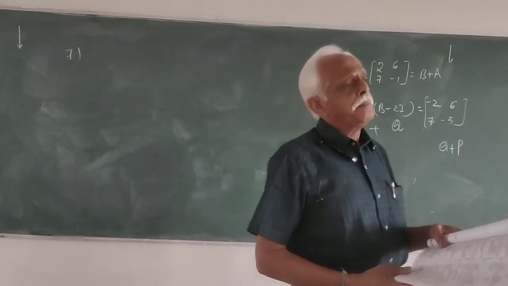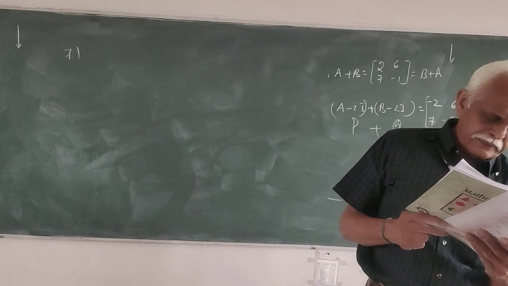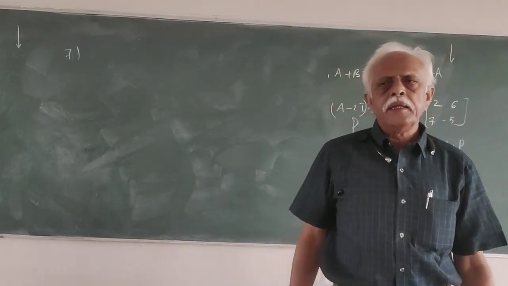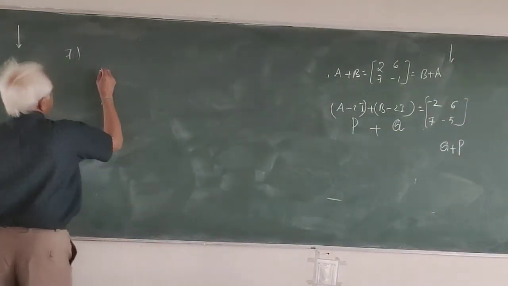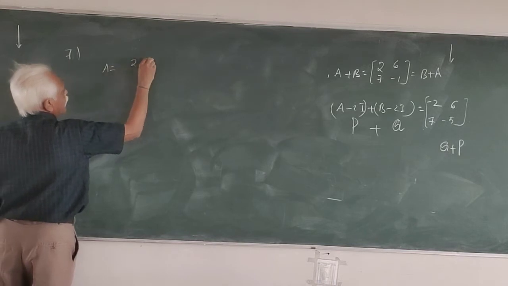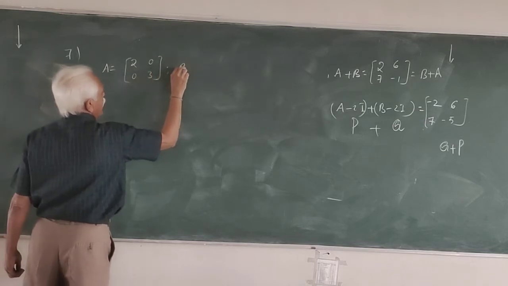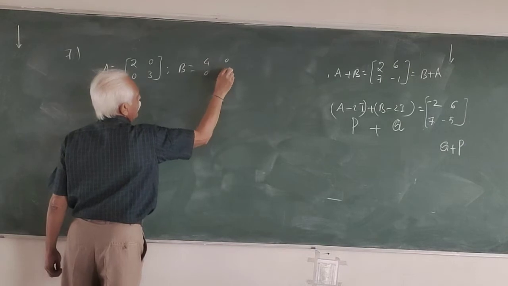The sum or product of two diagonal matrices is another diagonal matrix. See, I give an example. A is equal to 2, 0, 0, 3. B is equal to 4, 0, 0, minus 1.